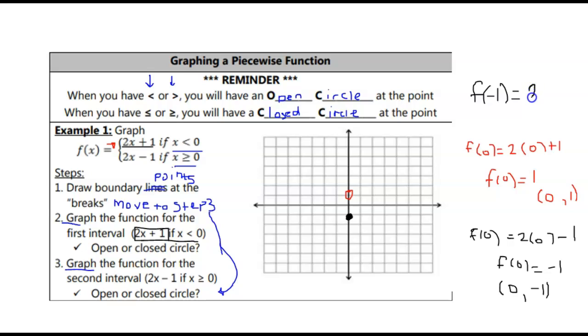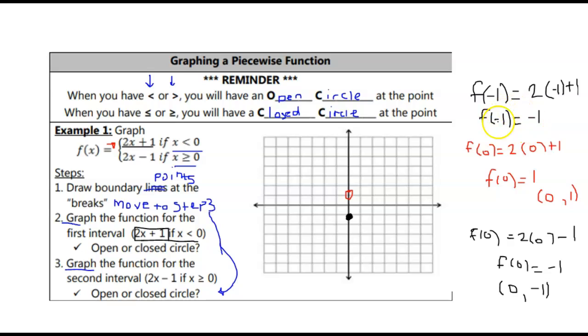So f of negative 1 is 2 times negative 1, plus 1. So I know f of negative 1 is equal to, well, negative 2 plus 1, which is going to be negative 1. All right, so f of negative 1 is negative 1.